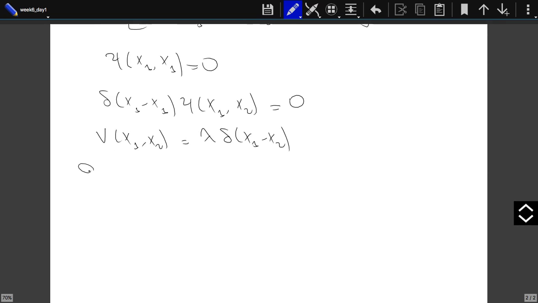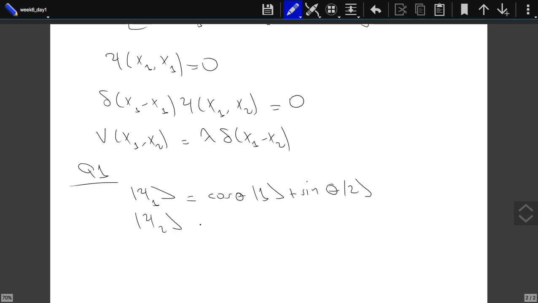Now, in the first question, some of the mistakes were these. Most of you were looking at the eigenstates in this form: psi 1 is cosine theta times state 1 plus sine theta times state 2, and psi 2 is minus sine theta times state 1 plus cosine theta times state 2.